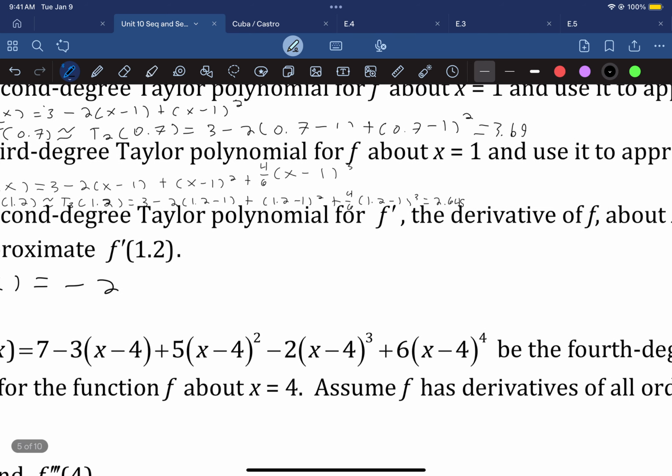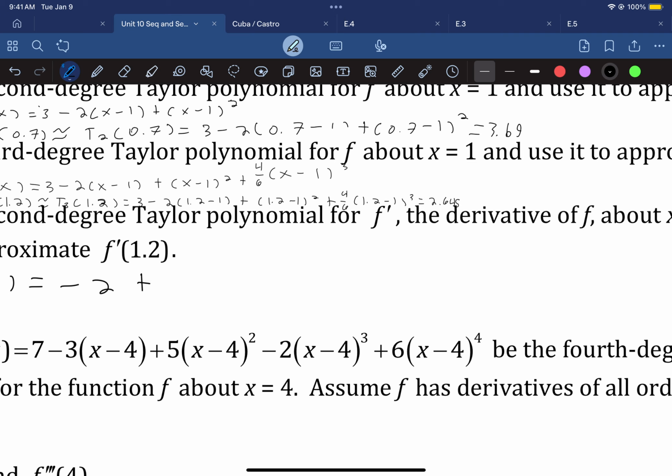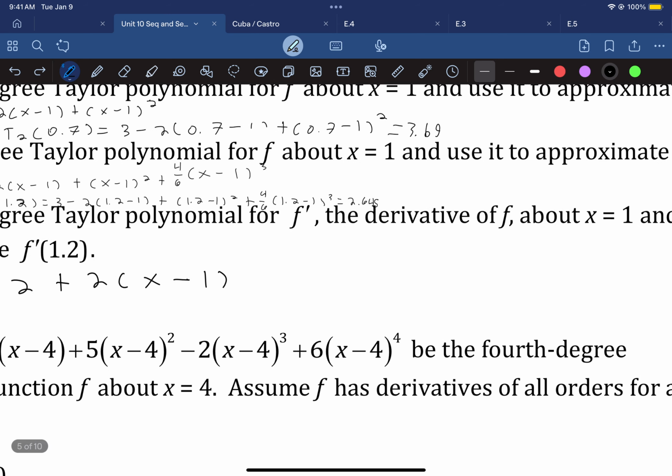And then we have plus 2 times (x minus 1). This is a simple chain rule, so that power stays the same and it's times 1, but I'm not really going to write that. And then we have the derivative of this last term, which is 2 over 3 times 3, so that will leave us with 2 at the front. This is plus 2 (x minus 1) to the power of 2.